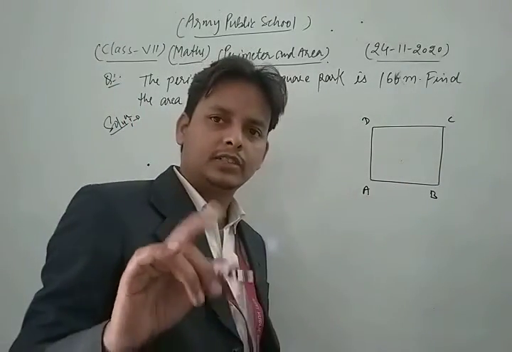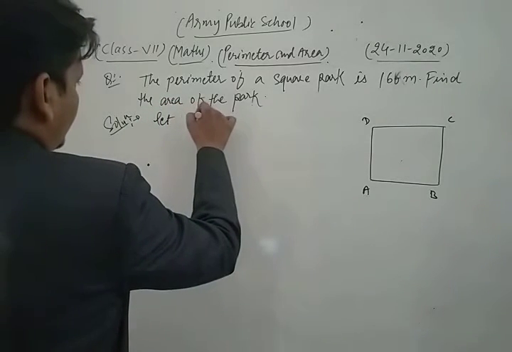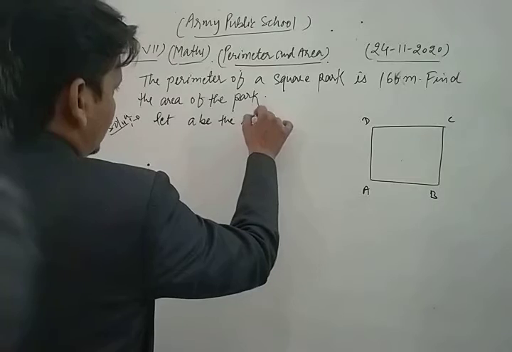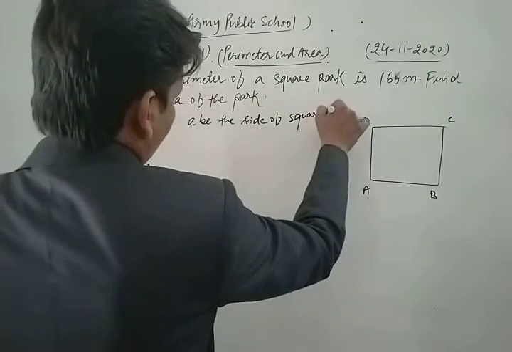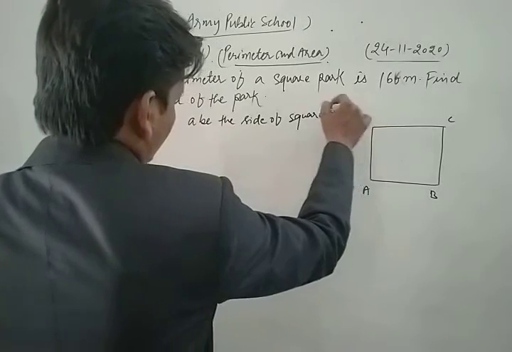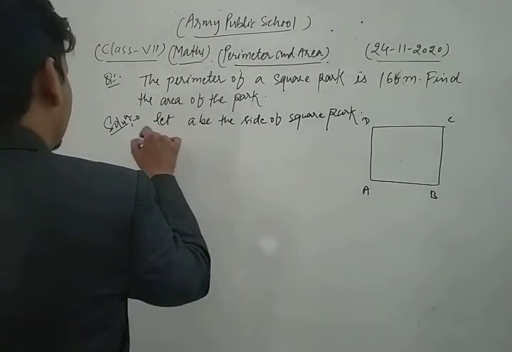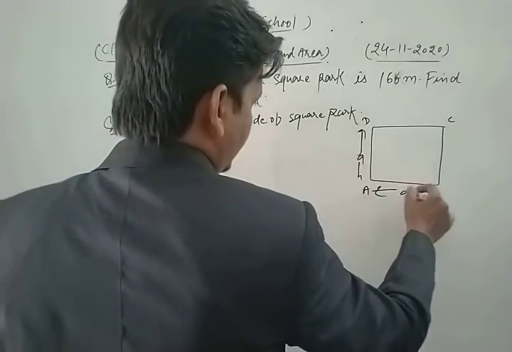The sum of all its sides is known as perimeter. So let A be the side of the square park. Then you know that all sides are equal. So each side is equal to A.